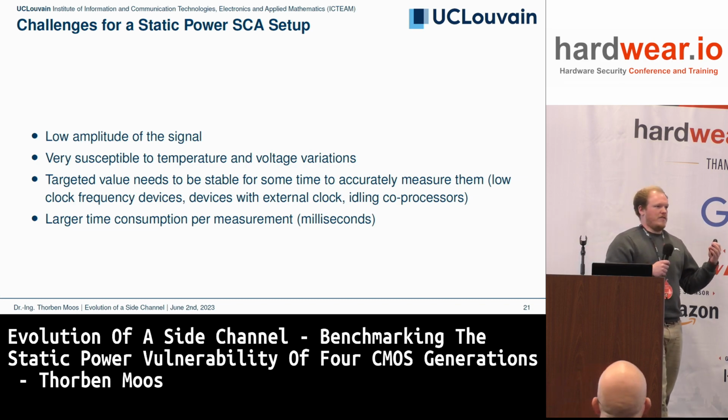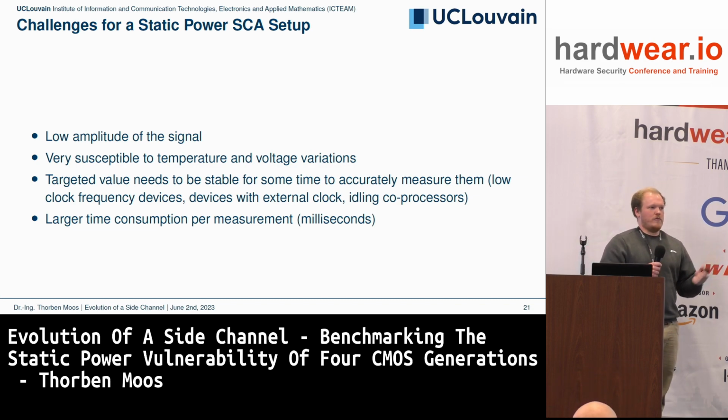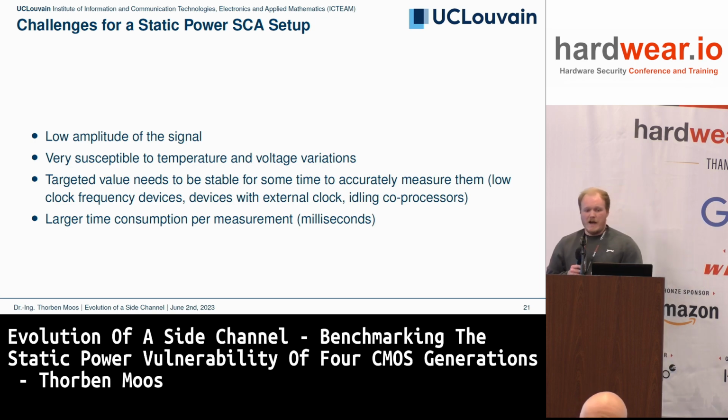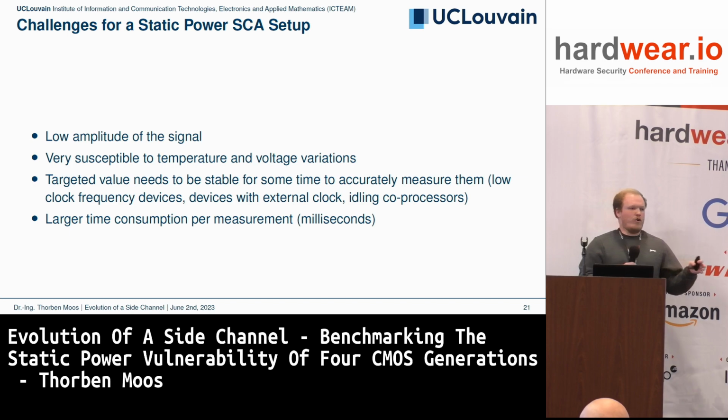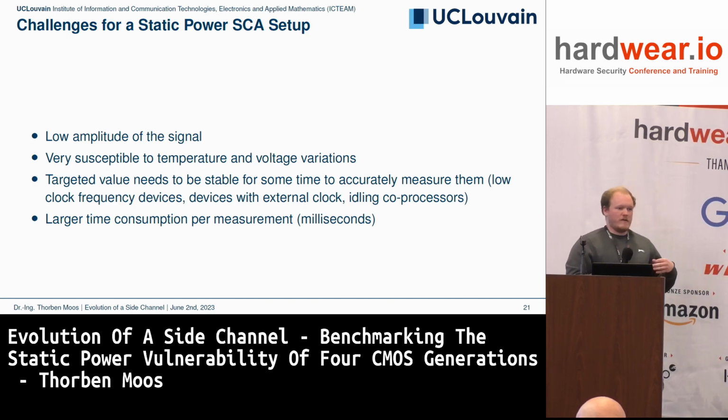Naturally, you can only target sensitive intermediate values which are stable for some time. Either they are stable by design, because you have a low frequency device, or you have an idling coprocessor, let's say, which has some loaded data but is not currently computing, or you have to force the device. If you have an external clock, for example, you just cut off the clock connection and stop it going.